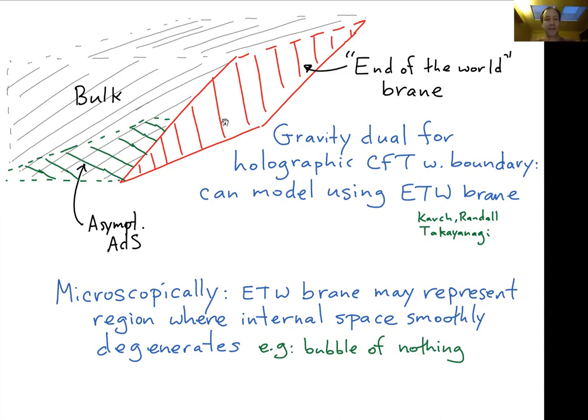A very simple example of this kind of thing would be the bubble of nothing space-time, where you have one extra circular dimension, and the bubble of nothing is a place where that circular direction smoothly pinches off. From the lower dimensional perspective, it's like you have an end of the world brane there, but really there's nothing physical, it's not an actual brane there.